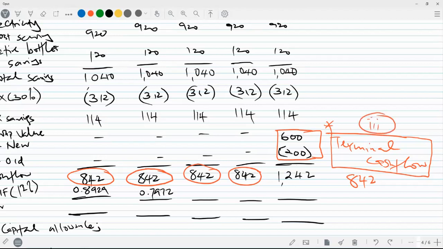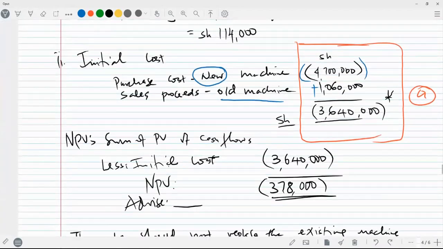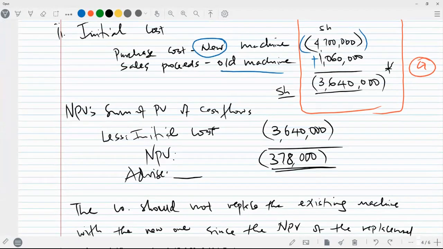Roman 2 is the cash flow for each of the years. Roman 4 asks us to use the NPV to advise management, and this is the advice we gave to the company.